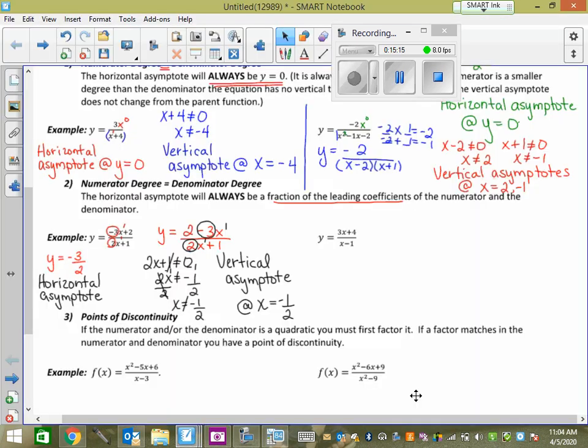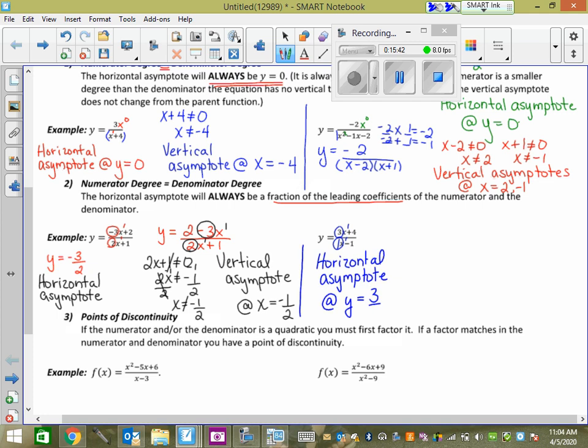The next one, degree 1, degree 1. So this one's going to be the numbers in front of those, so 3 over 1. Like, once again, they could be rearranged, but you always take the number that's the leading coefficient. So I have a horizontal asymptote at y equals 3 over 1, which is just the same as saying 3.